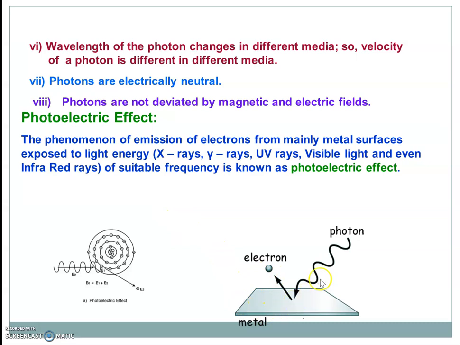Here in this visual it is explained. On metallic surface, photon is falling and electrons are coming out. In this figure, radiation is falling, striking an electron, and the electron acquires energy and comes out from the surface.